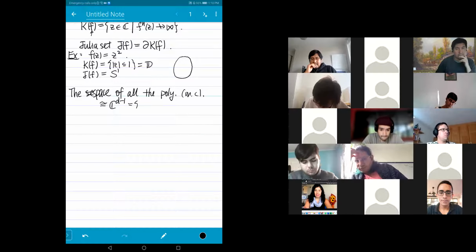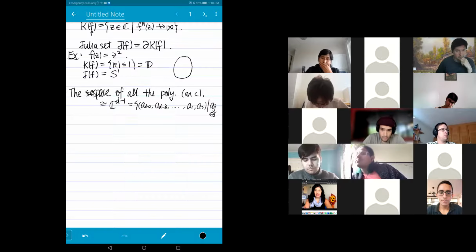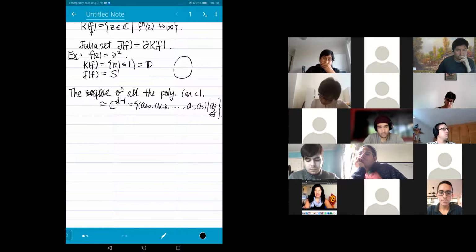So this is basically parameterized by the coefficients a_{d-2}, a_{d-3}, ..., a_1, a_0, and these are complex numbers. So this is basically the parameter space of all such polynomials. And in particular, we want to consider a subspace of this total space, because the total space is just C to the power of d minus 1, which is kind of simple topologically.